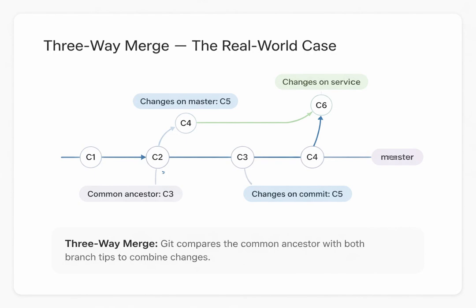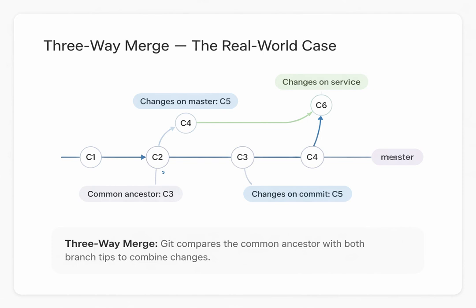Now let's look at the more realistic scenario, the three-way merge. This happens when both branches have new commits after the point where they diverged. Imagine you branched off from master at commit C3 to create a service branch. You made commit C4 on service, but at the same time, someone else, or you yourself, made a new commit C5 on master.